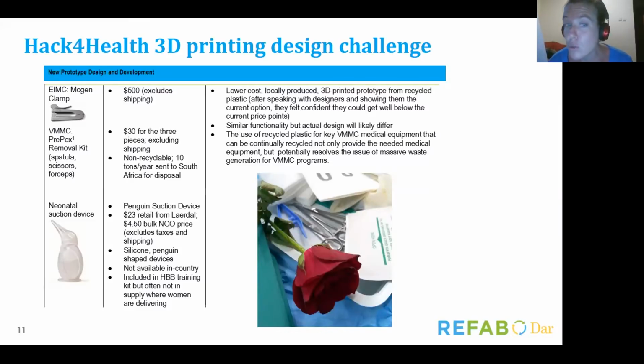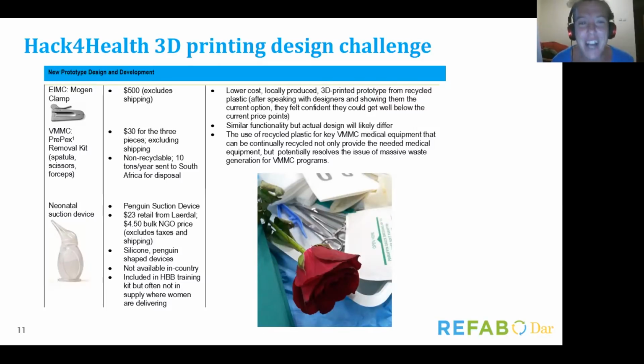And then those tools have to be sent to South Africa for disposal. So imagine the price of that shipping. It's phenomenal. It's millions of dollars wasted. So we need to design something else to put this device on and off. Simple. I mean, this is not rocket science, but in a way it totally is.